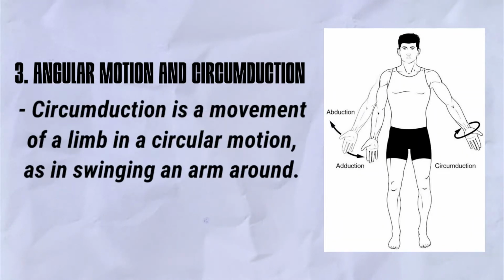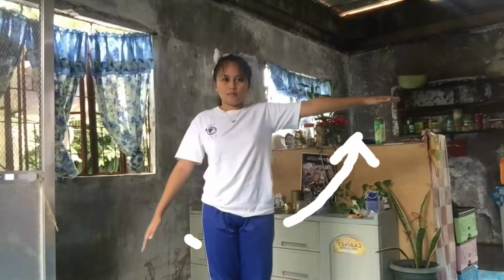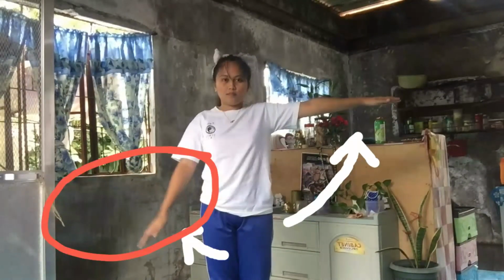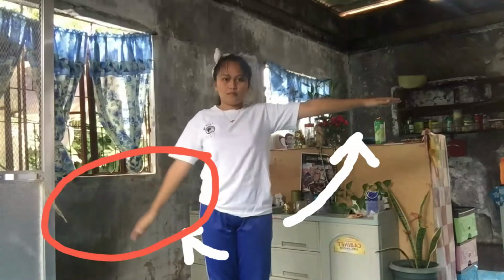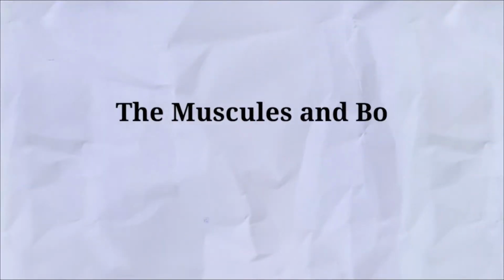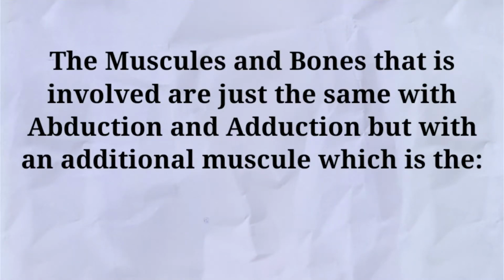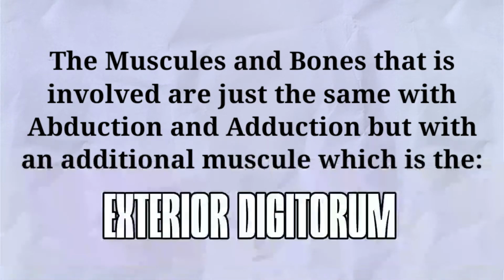While circumduction is a movement of a limb in a circular motion, as in swinging an arm around. The muscles and bones that are involved are just the same as abduction and adduction, but with an additional muscle, which is the extensor digitorum.